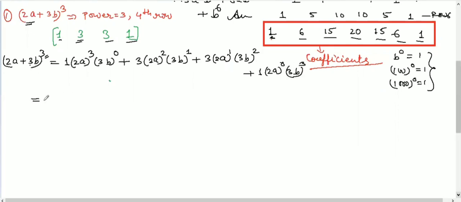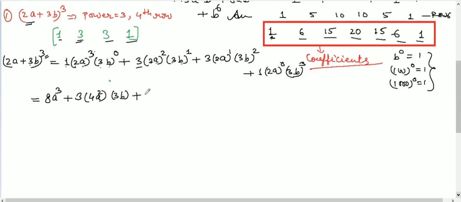Now one more step we can do here. 1 is there, no need to write. 2a to the power cube, so 2 cubed is 8, and a cube. 3b to the power 0 will be 1, so no need to write. Plus the second term is 3 and 2a whole square. So first write 2 square, which is 4a square, and 3b to the power 1, you can write it only as 3b.